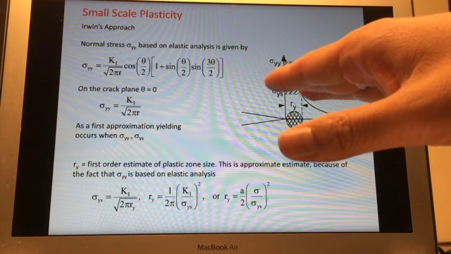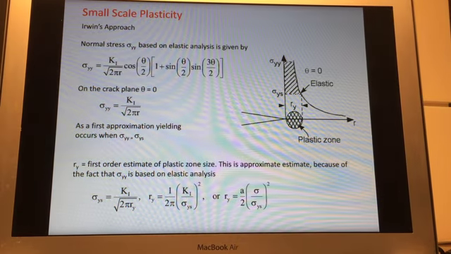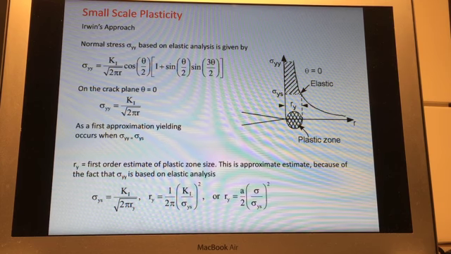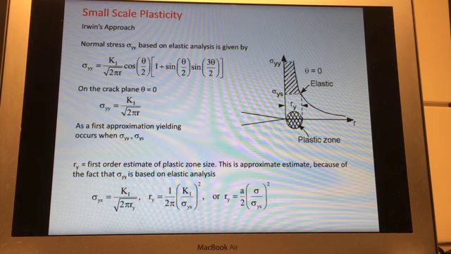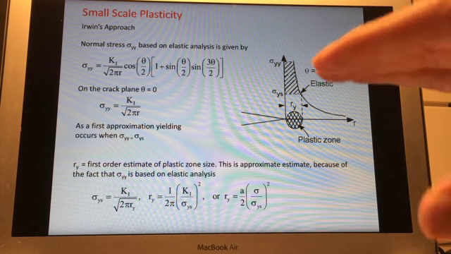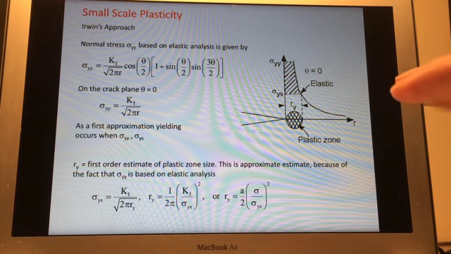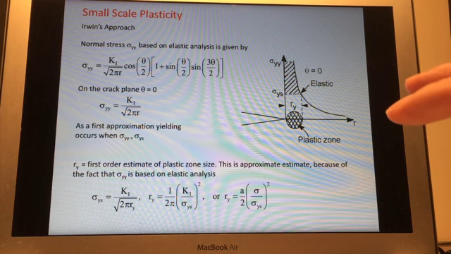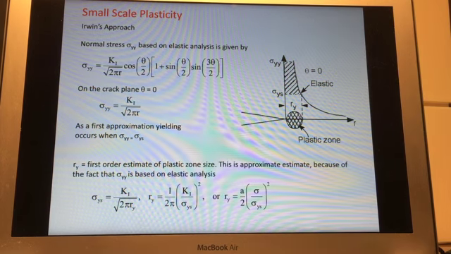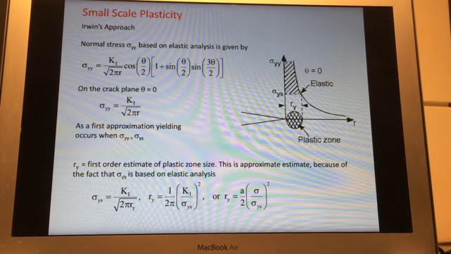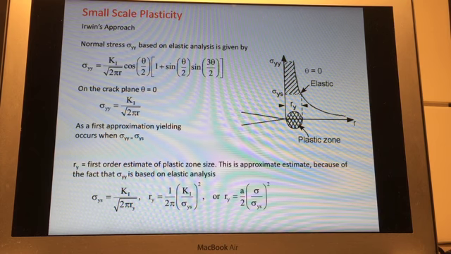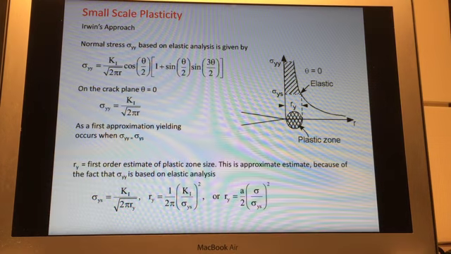Recall that we looked at mode 3, the out-of-plane shearing case. But I ask you, in the textbook there is also quite a decent amount of information regarding how they derive the mode 1 case. You don't have to remember how they do it, but I'm telling you this is the result.